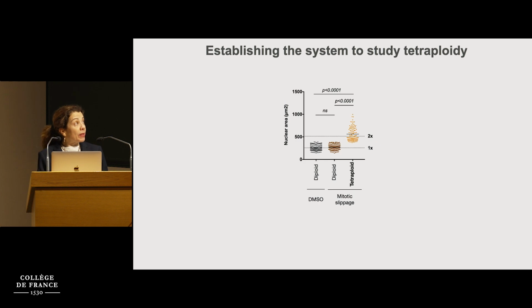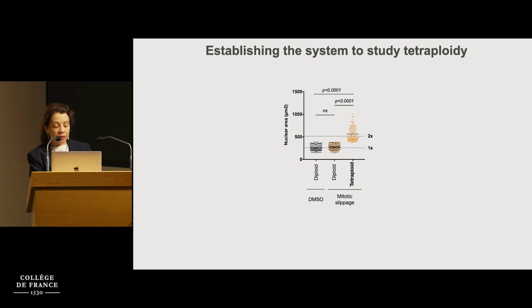Throughout my talk, I will show this kind of graphs where we always have a control. For example, if we induce cytokinesis failure with an AID system that targets MKLP1, there will be in the same well diploid and tetraploid cells because our treatments are very short, but then there will also be another control where there is no auxin.